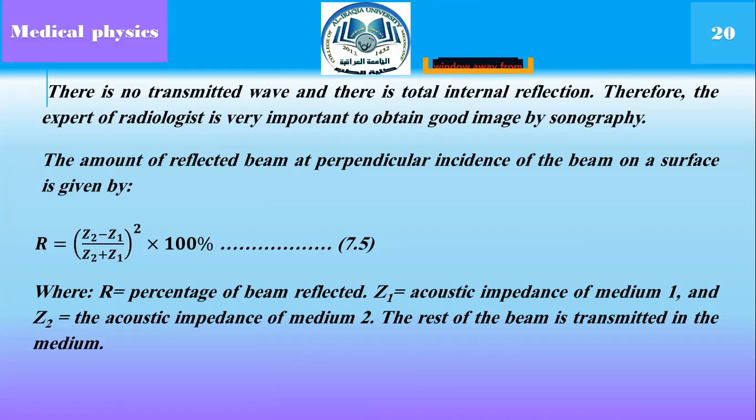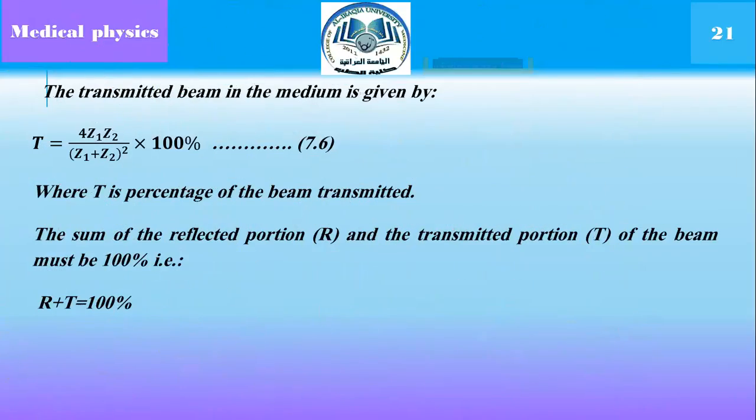The rest of the beam is transmitted in the medium, and the transmitted beam in the medium is given by T = 4 Z1 × Z2 / (Z1 + Z2)^2 × 100%, where T is the percentage of the beam transmitted.